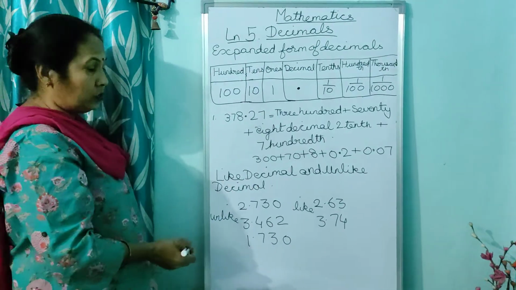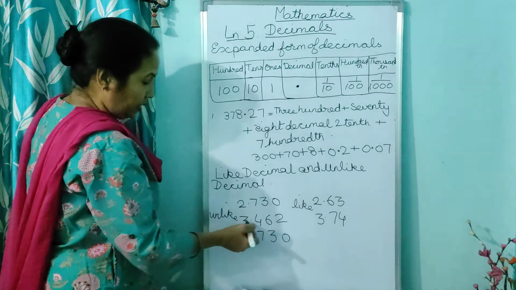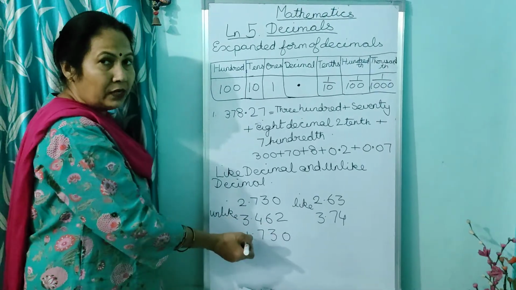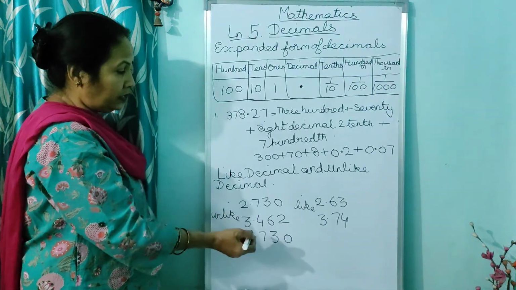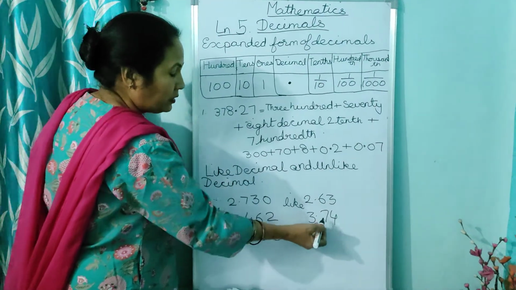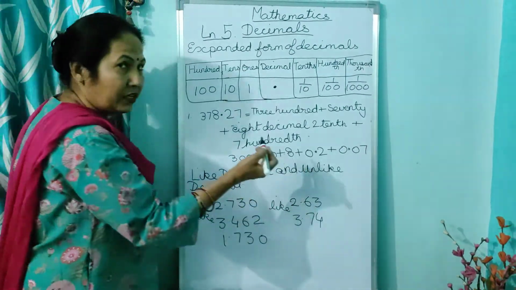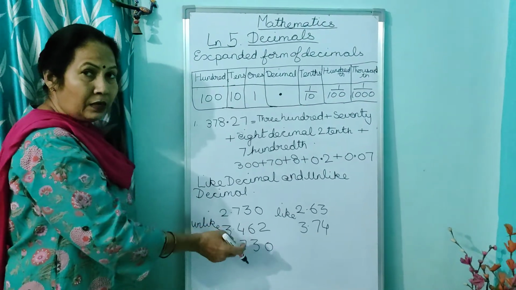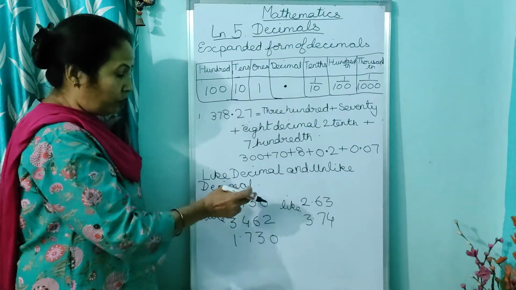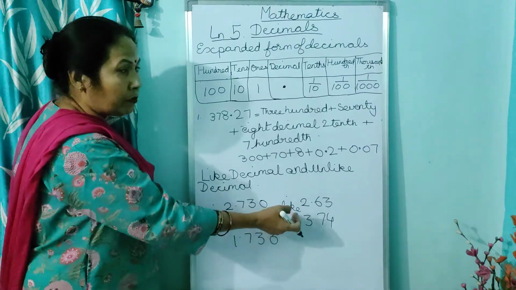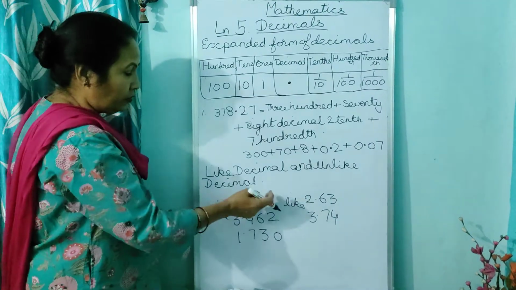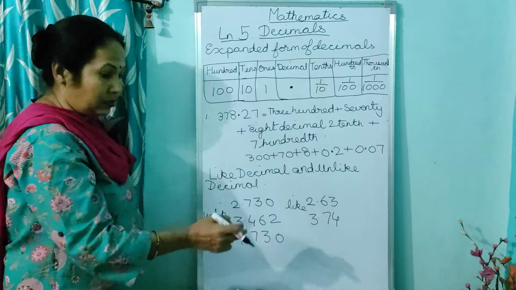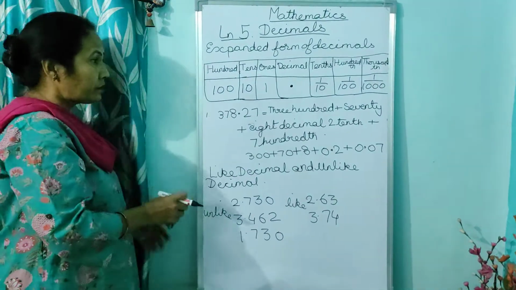This is how you change unlike decimals into like decimals. So make it clear that in like decimals you have the same number of decimal places, and in unlike decimals you don't. For that you add as many zeros as needed and convert them into like decimals.